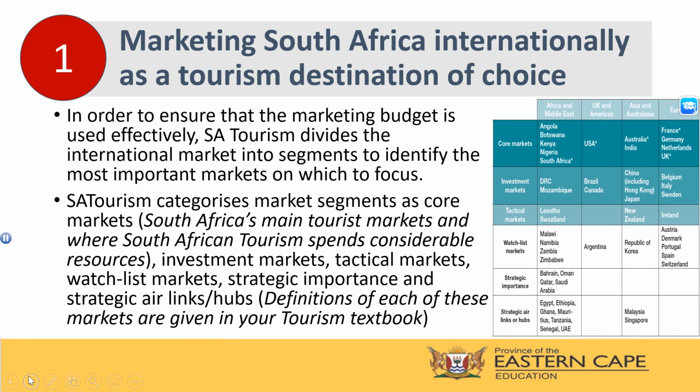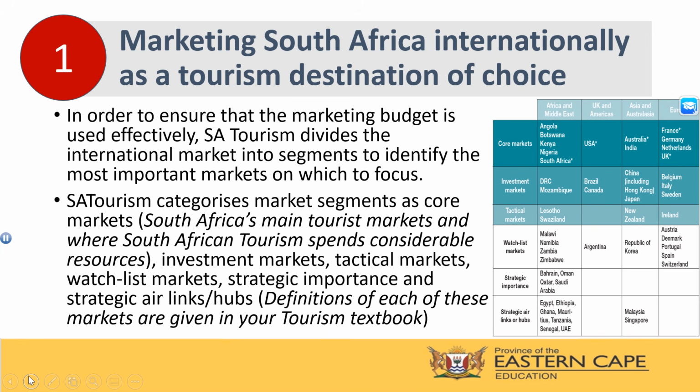Your market segments refers to a group of people who have a common characteristic when it comes to their travel needs. I'm sure you will remember that when we looked at marketing previously in grade 11, we also made reference to market segments, and here it is again.